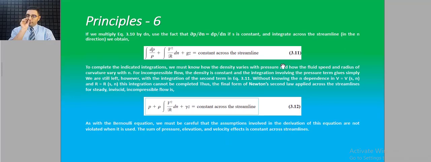Guys, as we are analyzing the whole term based on incompressible flow, we can easily integrate the density here.